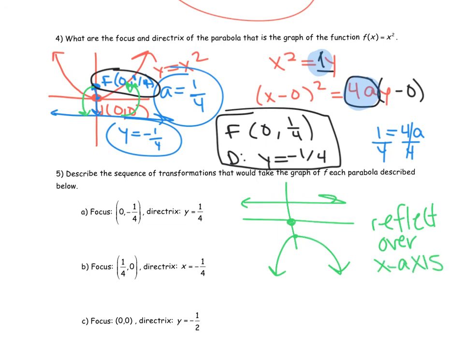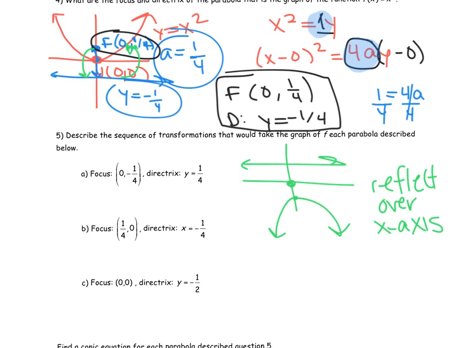Our next piece is saying that the focus is now at (1/4, 0), and the directrix is at x = -1/4. If I make a sketch, there's the focus, the vertex is still here, so now we're sideways, and the directrix is at -1/4. All we did was rotate this by 90 degrees clockwise, or 270 degrees counterclockwise.